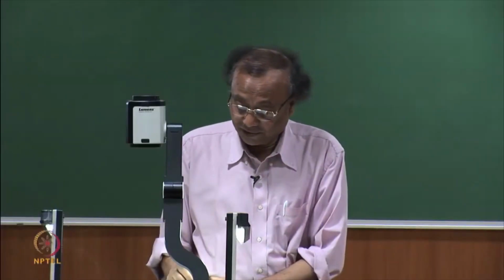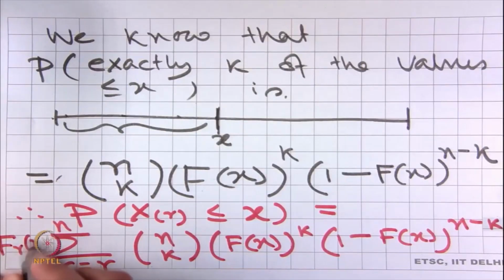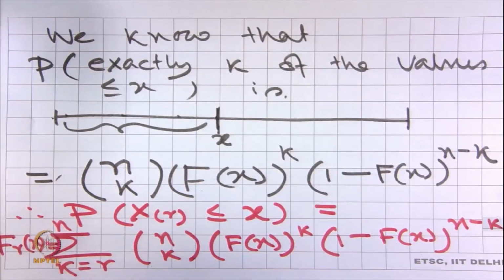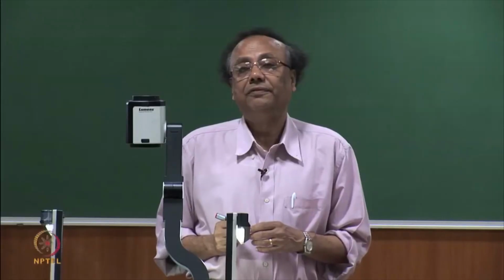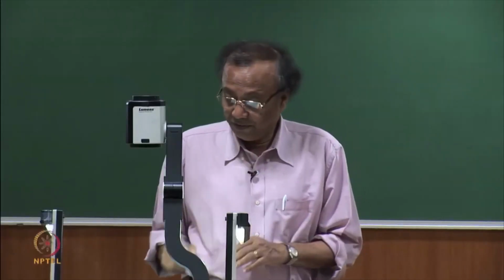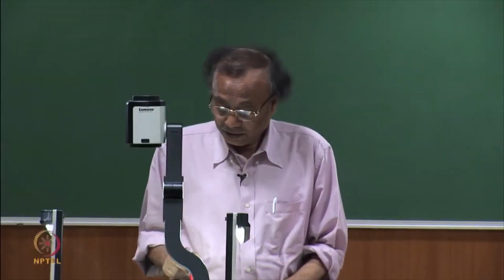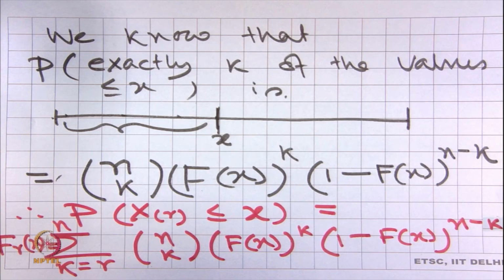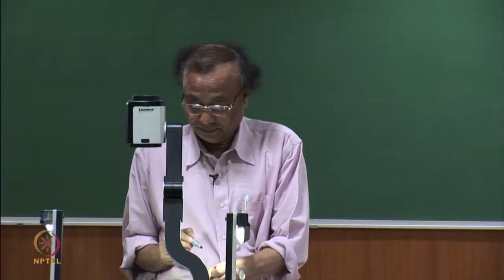So, this is Fr(x). Therefore, what is going to be the PDF? The PDF is the derivative of this with respect to x.